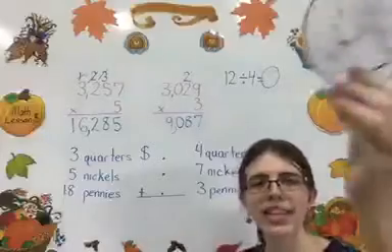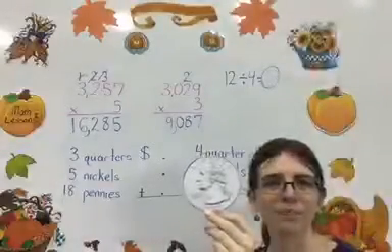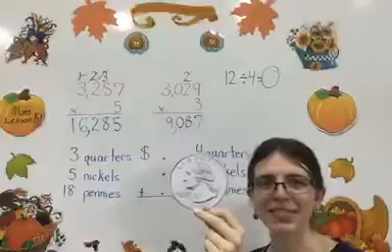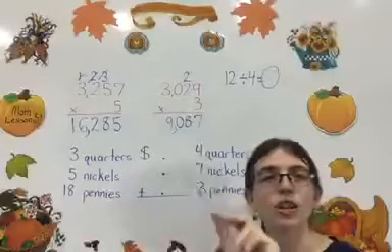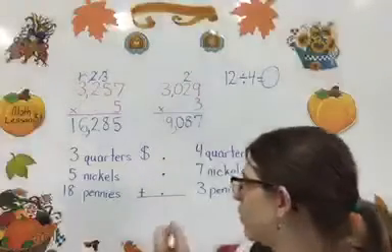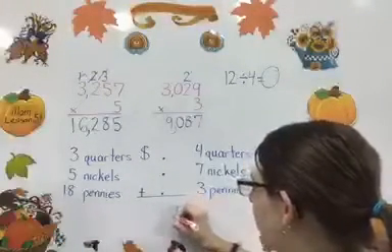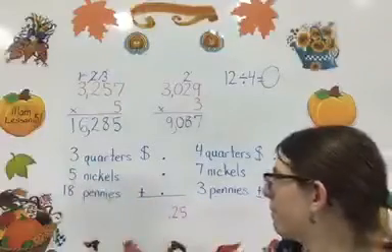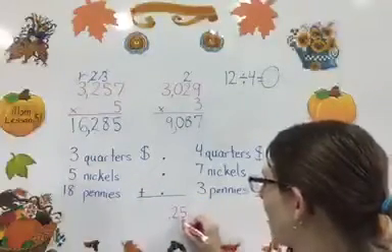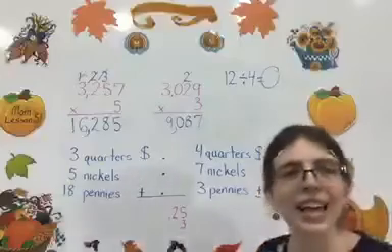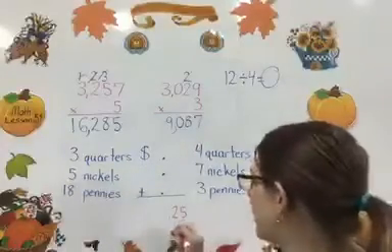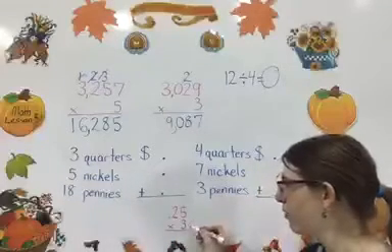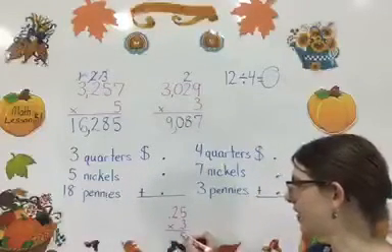Okay, how much is each quarter worth? Do you remember? We just said it at the beginning of this lesson. 25, very good. So 1 quarter is worth 25 cents. But we have 3 of them. So a shorter way than by adding 25 is to multiply. 25 times 3. 3 times 5 is 15.